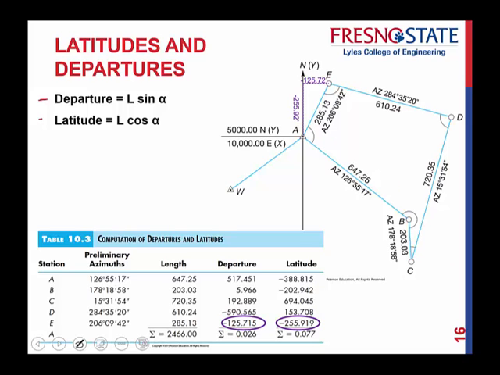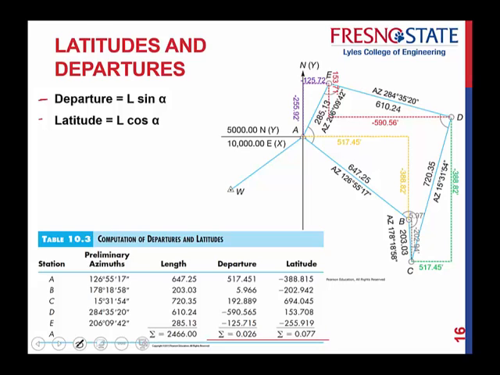Now, theoretically, if I began at A, I should end at A. So if I went so far to the east, I should eventually make it so far back to the west. Or if I went so far in a positive x, I should make it so far back in a negative x direction to end exactly where A is.